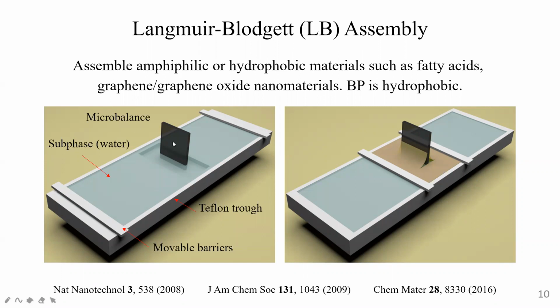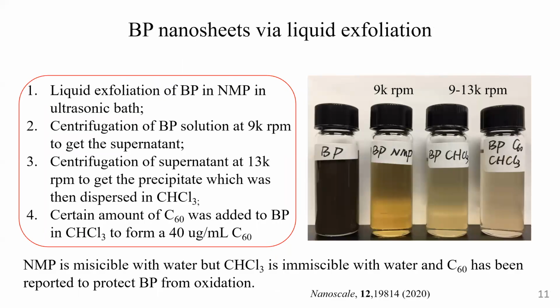After adding the nanomaterial at the surface, its surface tension is recorded by a microbalance. If we close the barriers, the nanomaterial will be much closer together, and then the nanomaterial can be transferred to a substrate. And because black phosphorus is hydrophobic, it could be assembled with the LB technique.